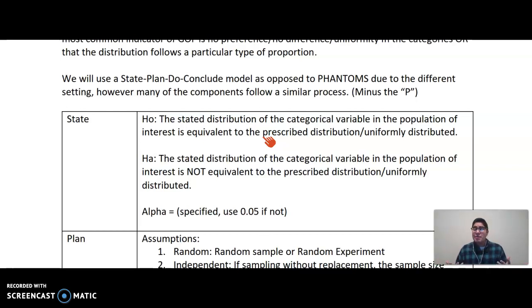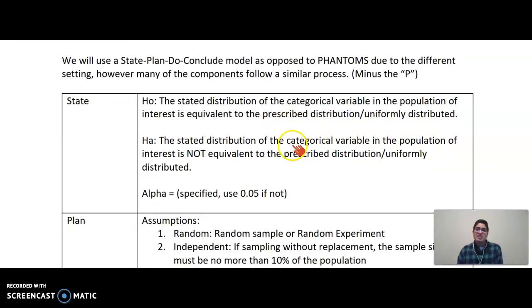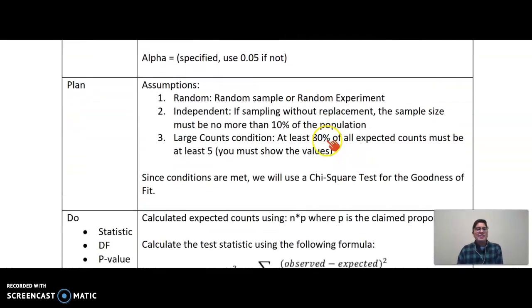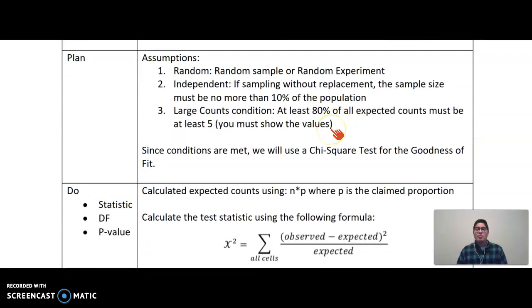Now, the alternative hypothesis would be a claim against this, meaning that the stated distribution of the categorical variable in the population of interest is not equivalent to what is prescribed, or it is not uniformly distributed. Basically meaning, actually we have reason to believe it doesn't follow the claim, or we have reason to believe it's not uniformly distributed. There's actually some type of association that exists here. Again, if alpha is not specified, we'll use 0.05. And thankfully for us, our conditions pretty much stay the same.